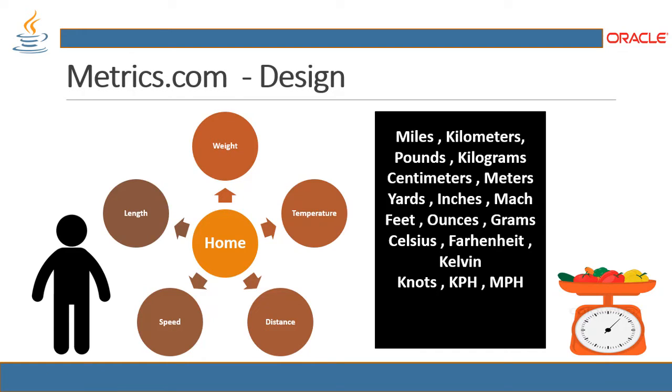Weight has kilograms, pounds, ounces, so we can convert each to the other measuring units. Similarly, for temperature, we have Celsius, Fahrenheit, Kelvin. For distance, we have miles, yards, meters. And for length, we have yards, inches, feet. All these measuring units are going to be converted to each other.